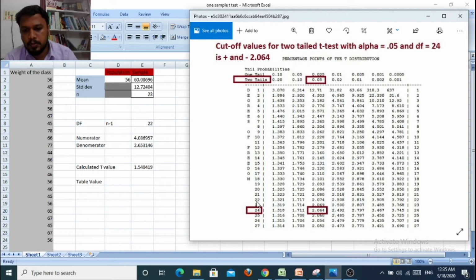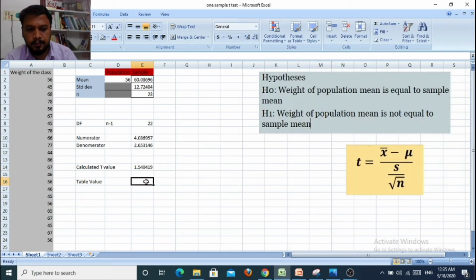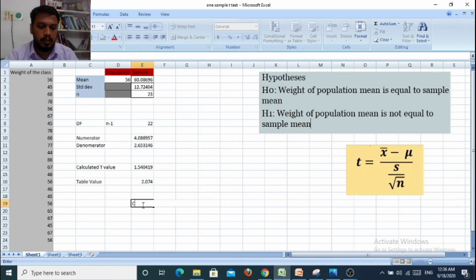So here is 22, and at 0.05 it's 2.074. You can write it down: 2.074.